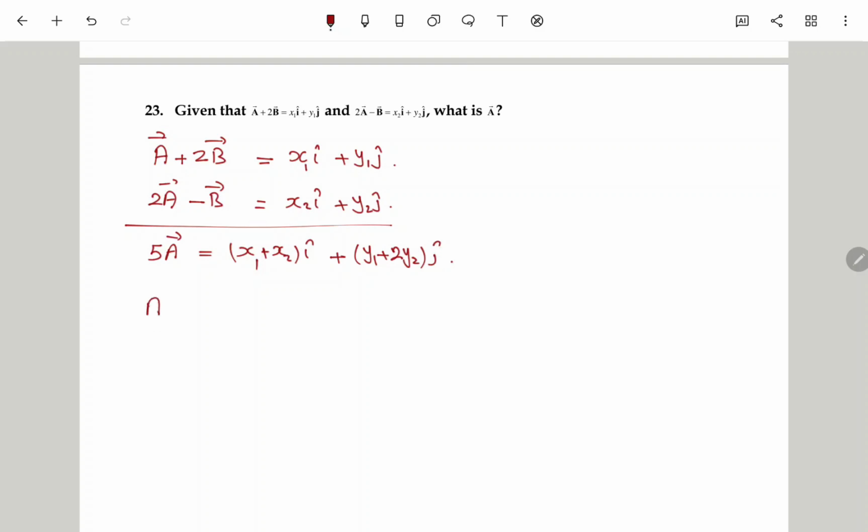Now vector a equals 1 over 5 of this, (x1 plus 2x2) i hat plus (y1 plus 2y2) j hat, and this is vector a.